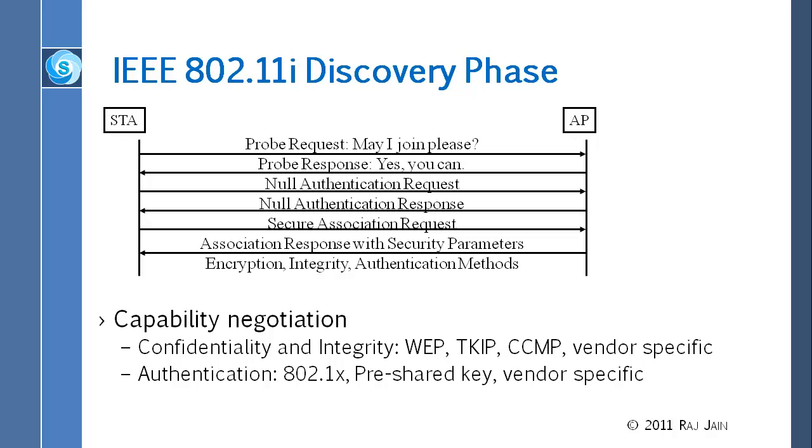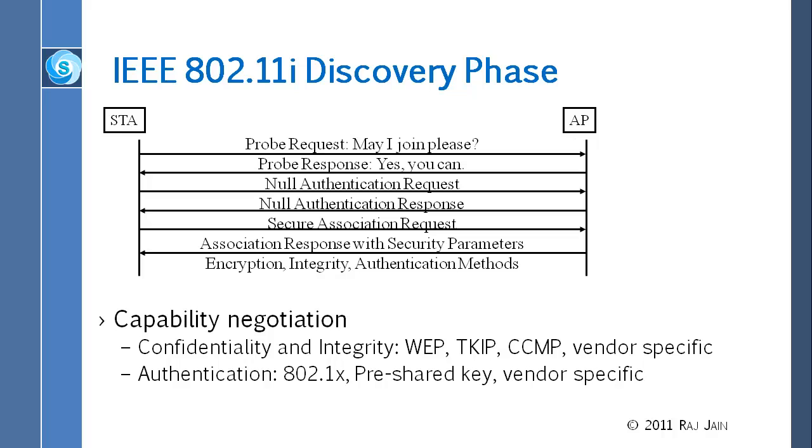So even though both of them have to be authenticated, generally we rely more on the server to be right? So the server will do the final selection. So when it says that it will select one of these, WEP, TKIP, CCMP, vendor specific, for authentication it will select 802.1X or pre-shared key.